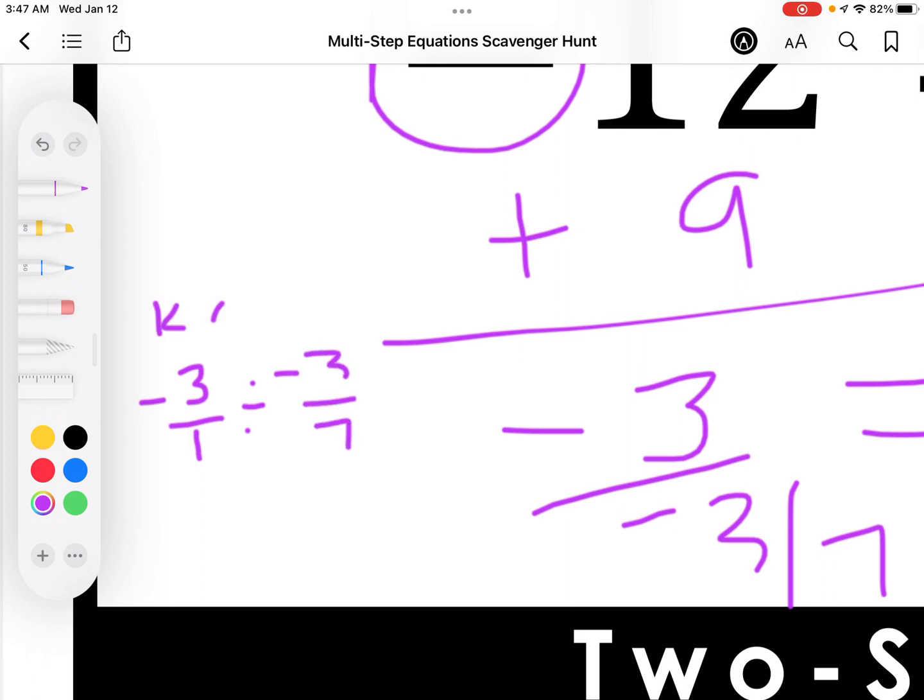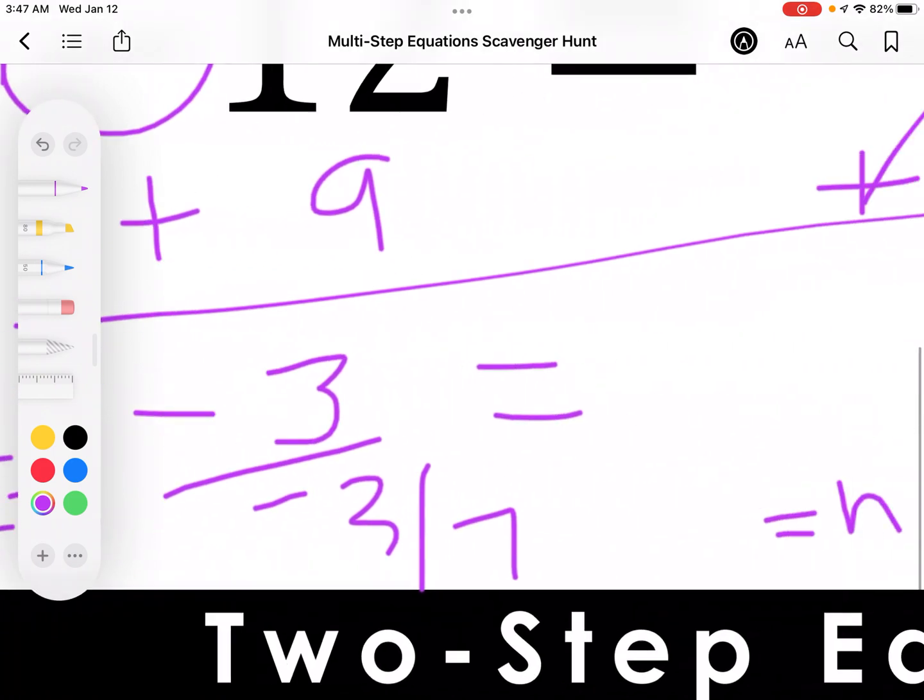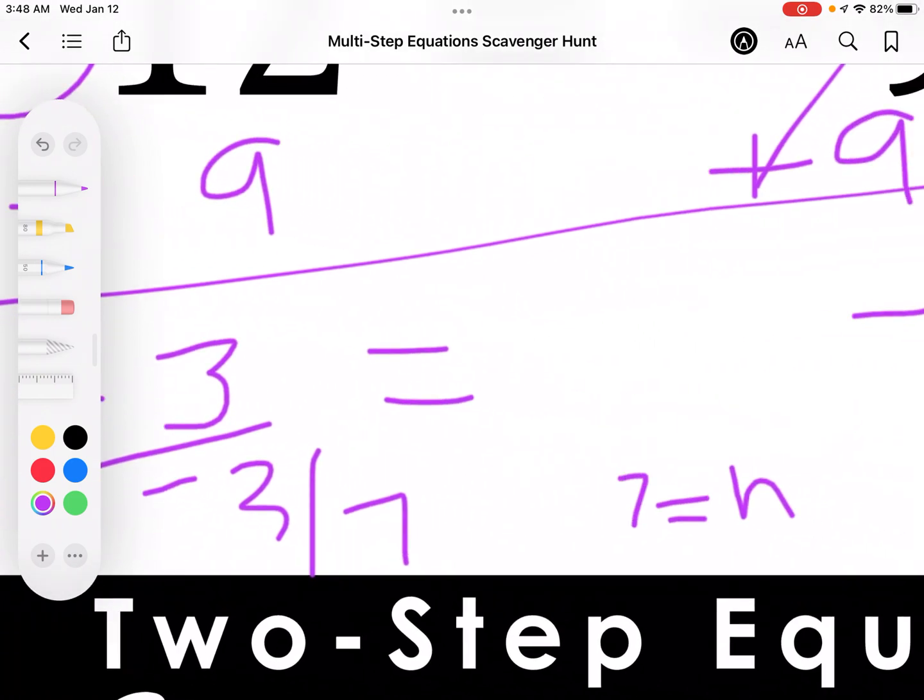That's the same as keep, change, flip. Negative 3/1 times 7/3, right? So 3 times 7 is 21, and 1 times 3 is 3, and they're both negative. So 21 divided by 3 is 7, and negative divided by negative is positive. So n is going to be positive 7.